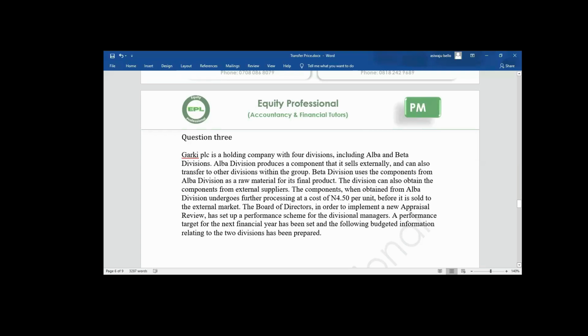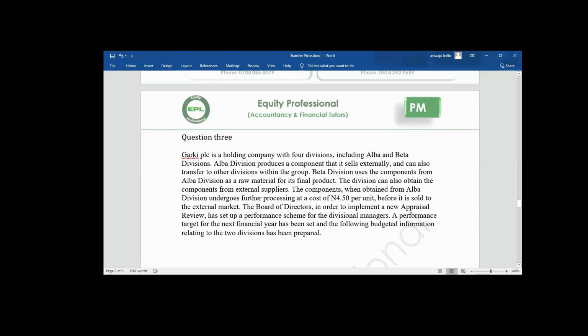It can also sell internally. Beta division uses the component from Alba division as a raw material for its final product. So when Beta division gets components from Alba, that becomes its own raw material for its final product. The division can also obtain the component from external suppliers.